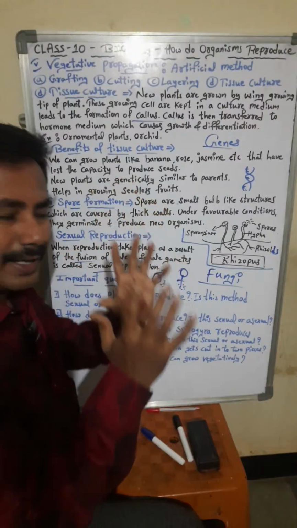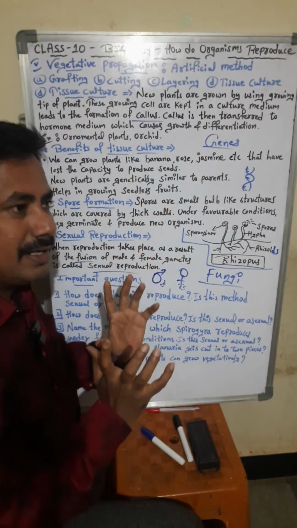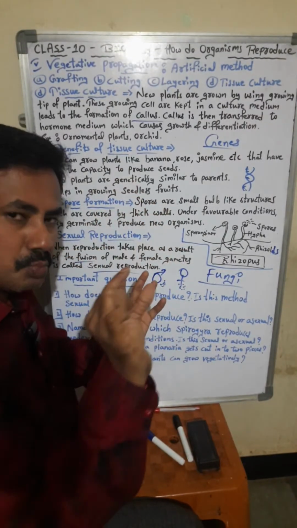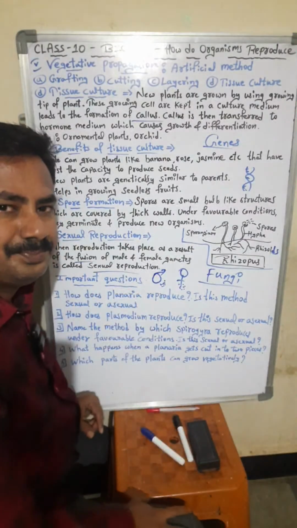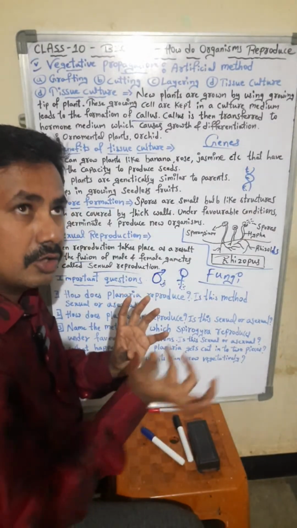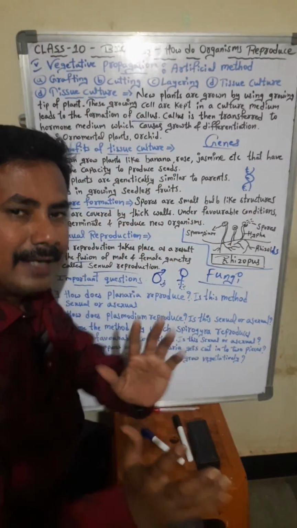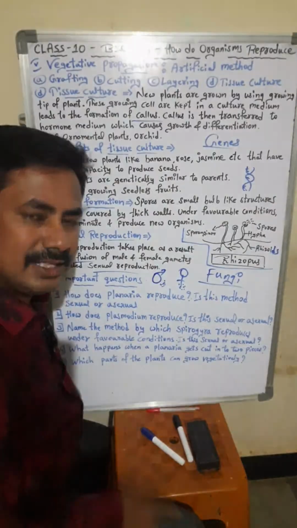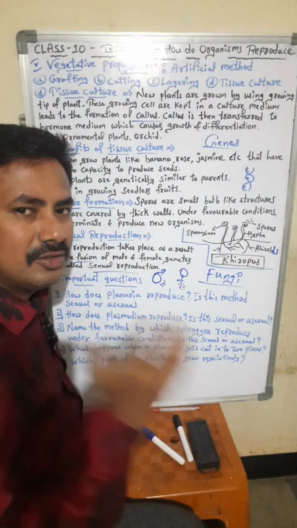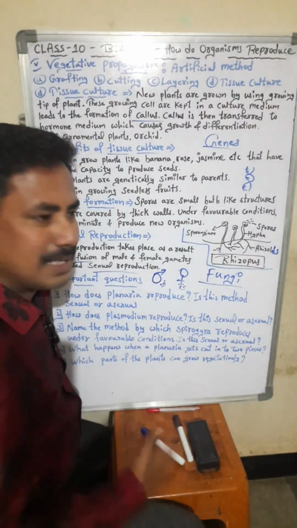Budding, what do you mean by budding? When the organism has completely developed, a small bud-like structure comes, and that bud-like structure grows. Upon maturation, it detaches from the parent body and grows separately. This method is known as budding. Example is hydra.